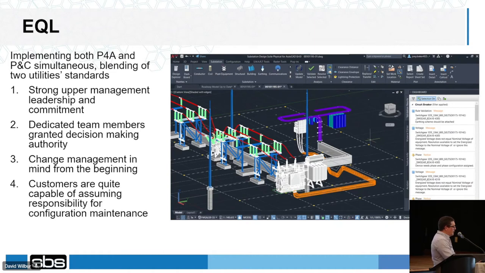I do think that beginning with change management in mind, so anytime we begin an implementation, beginning with the deployment in mind is probably one of the most crucial aspects. Looking at it a lot of different ways, I think the technology part is really the easy part.